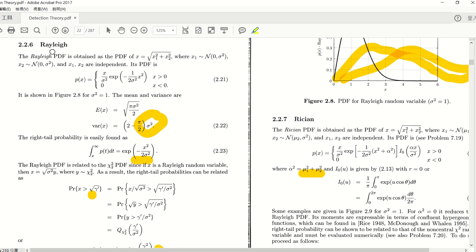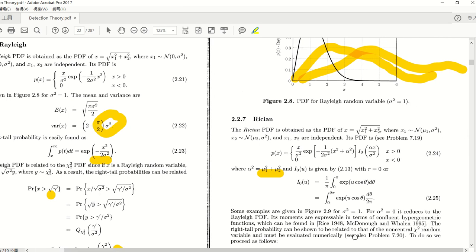So what that means is Rayleigh is a special case of Rician. Rician is a generalized version of Rayleigh. So that's the idea behind it.